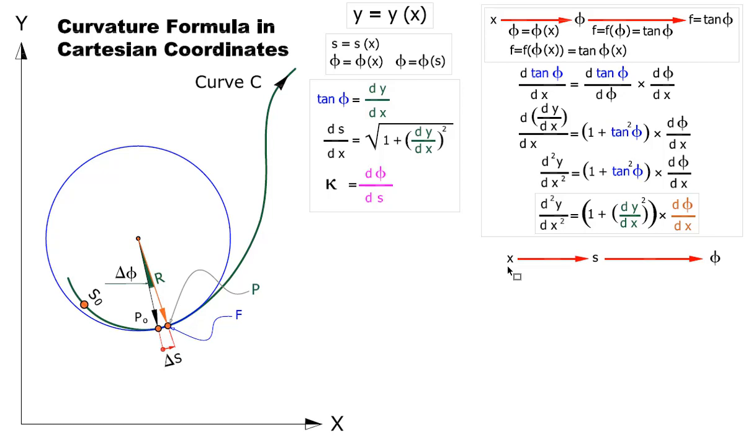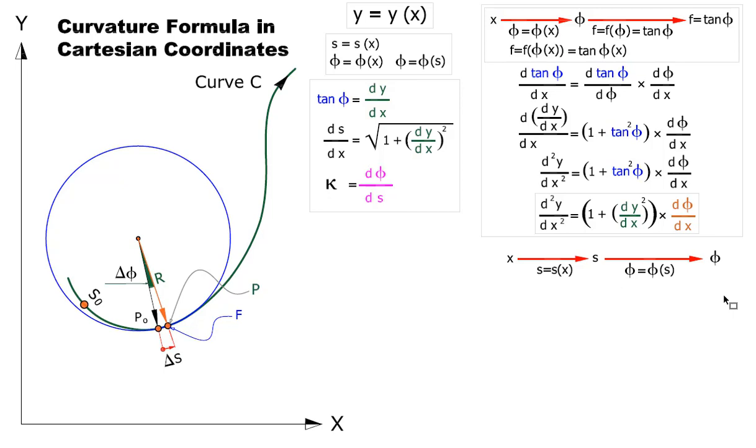If x changes, then the arc length will change and the slope angle will change. So we have here two functions, s equal to s(x) and phi equal to phi(s).